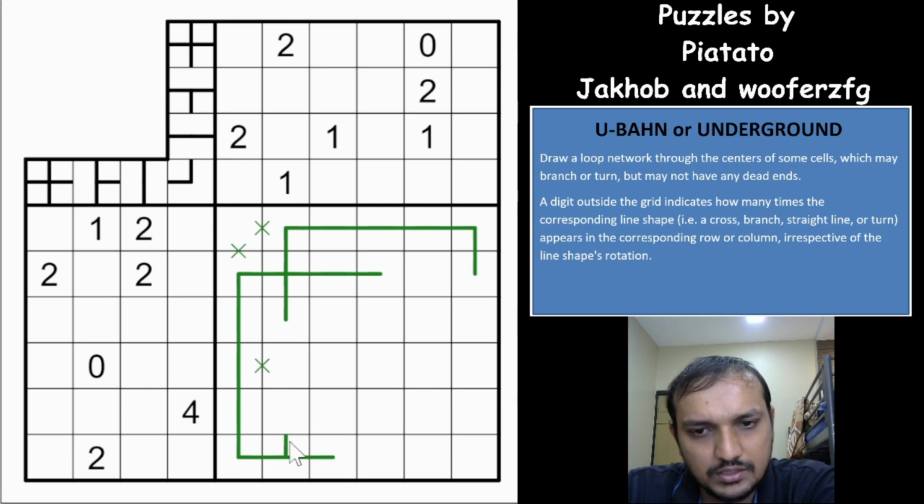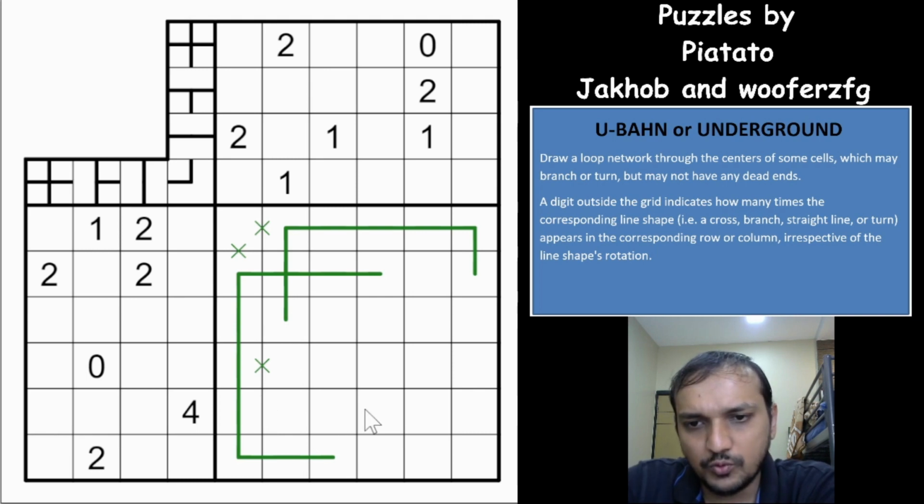If this is a branch, you would have to have a U-turn. Okay, it has to go straight, so you need either a plus here or a plus here, but that's confusing. But all of these four are U-turns.